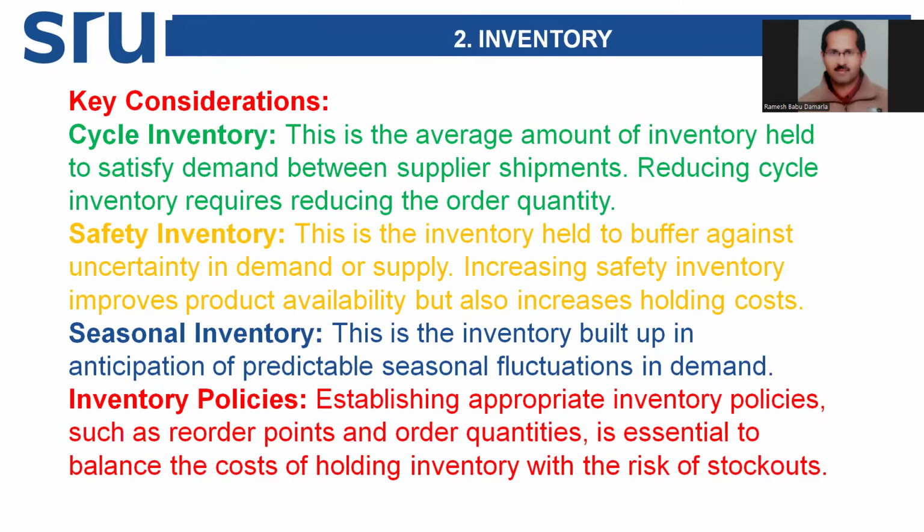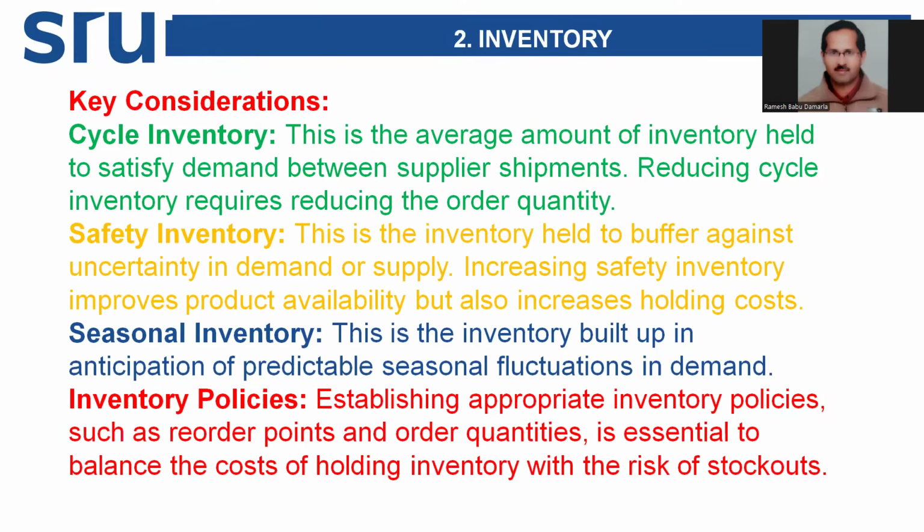Another consideration is seasonal inventory. This is inventory built up in anticipation of predictable seasonal fluctuations in demand. So this happens for all seasonal businesses. In summer season, for refrigerators, air conditioners, ice creams, the demand is high. So seasonal inventory will be maintained based on the seasonal demands.